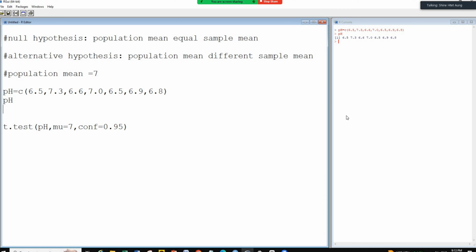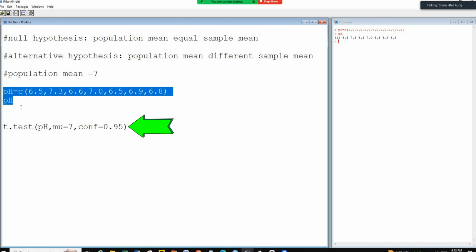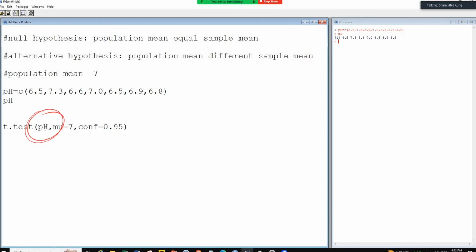We will compare the population mean 7 with this data to see if it is the same or different. To calculate the one sample t-test, we write t.test. Our data name is pH, so we put pH. Here, mu equals 7.